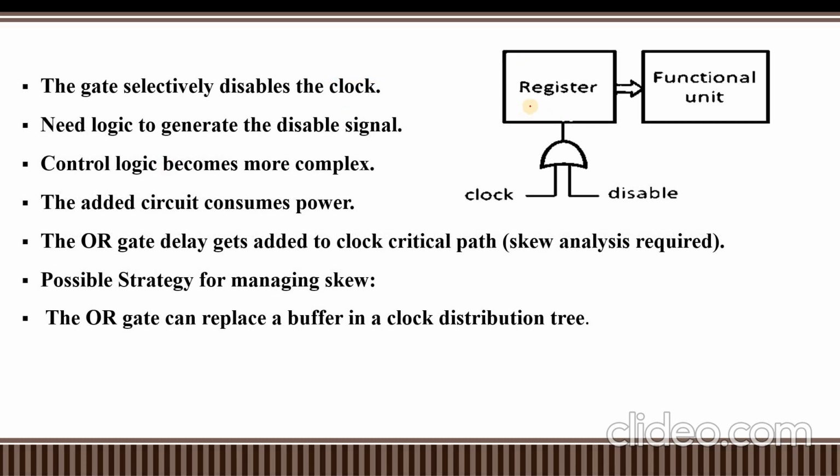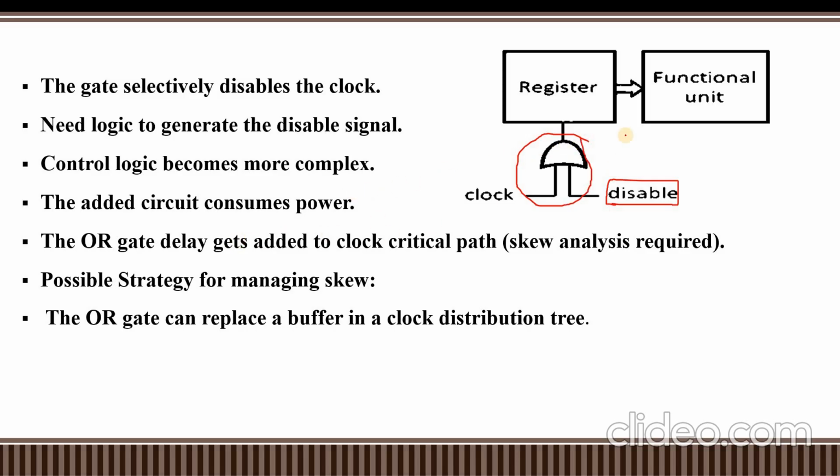Okay, let us see this diagram. So it is a register and functional units. For that I am attaching a simple OR gate, which takes the clock and the disable signal, and the gate selectively disables the clock. We need logic to generate the disable signal, and this added circuit will consume power, and it also increases the area.